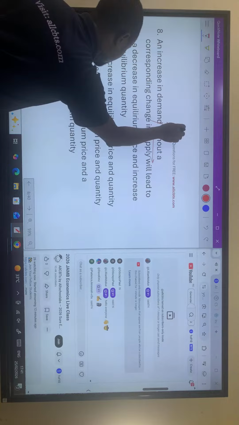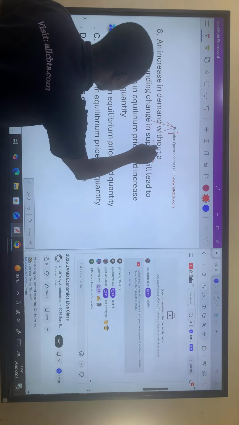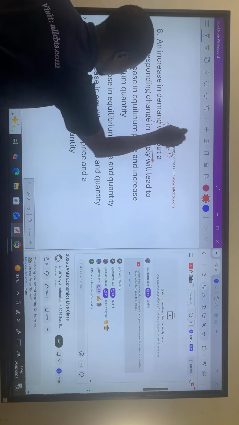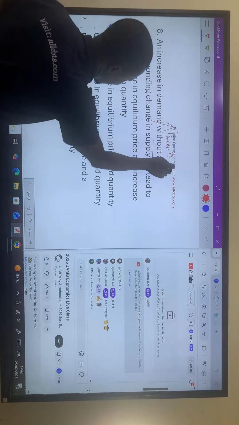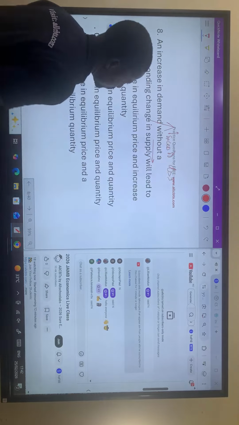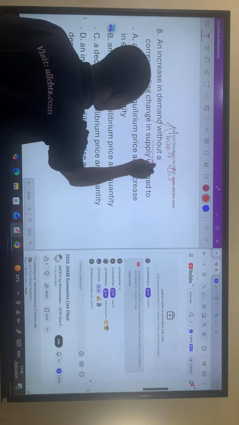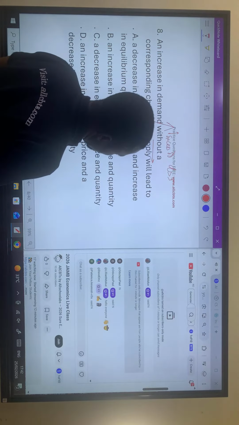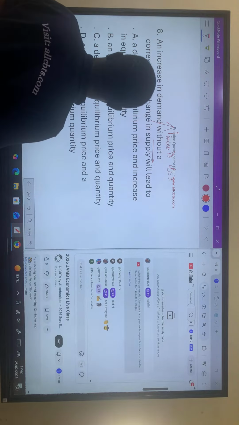As the demand is increasing, the implication is that as supply still remains the same, there's excess demand at the moment, demand is already higher than supply. So there may be an increase in price because demand is already greater than what? Supply.